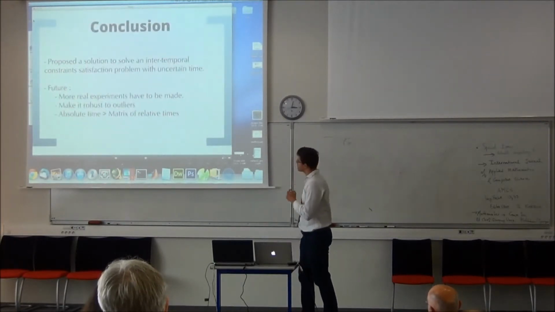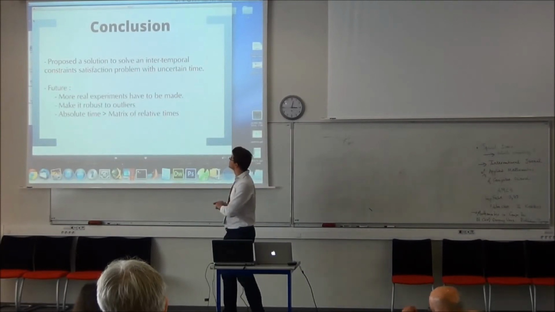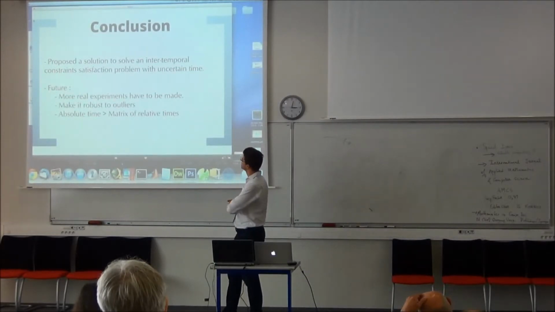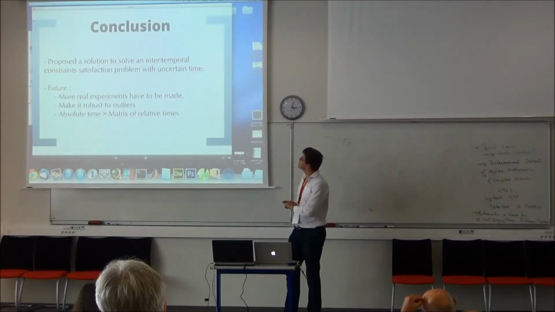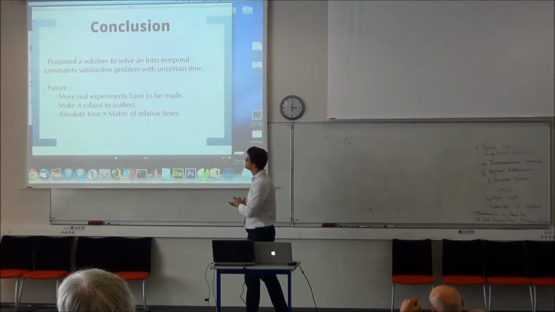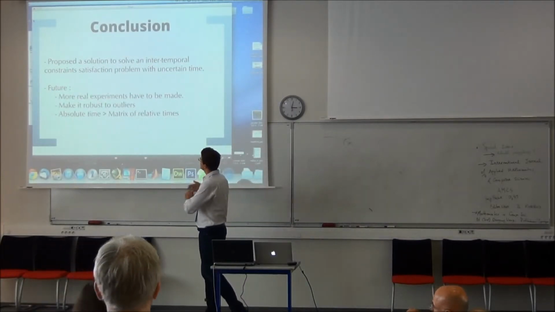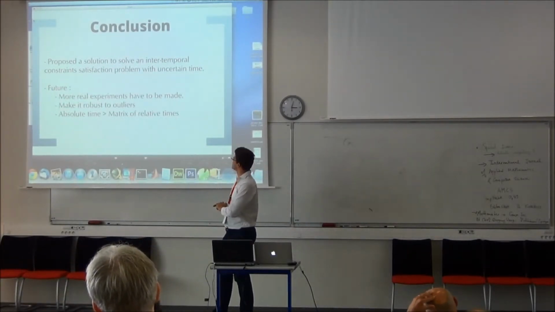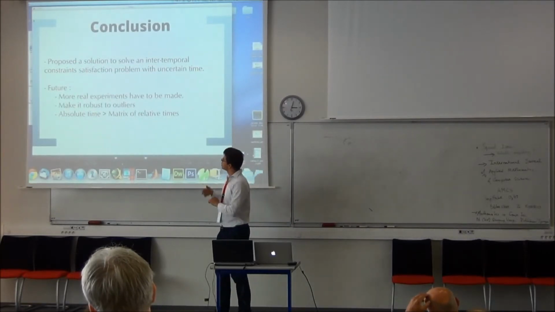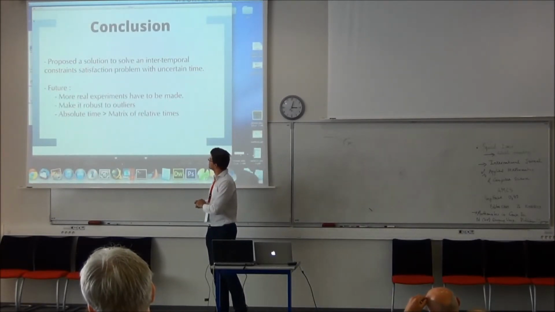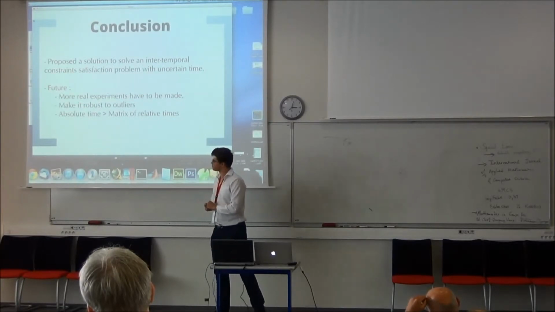So to conclude, I propose a solution to solve an intertemporal constraint satisfaction problem with uncertain time, which is, to my knowledge, something that is not easily done with the extended Kalman filter. And in the future, I would like to make more long-term experiments and to make the algorithm robust to outliers.